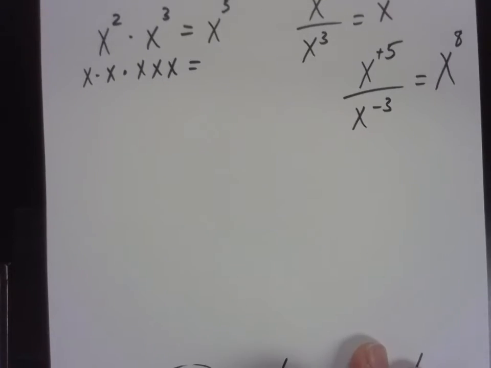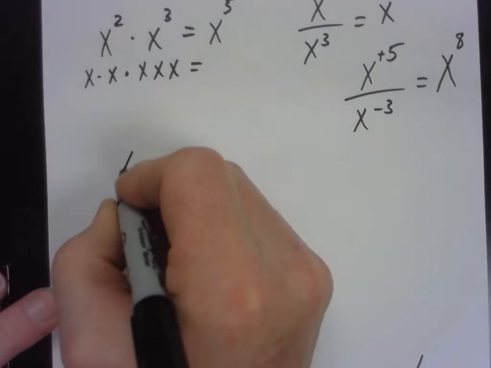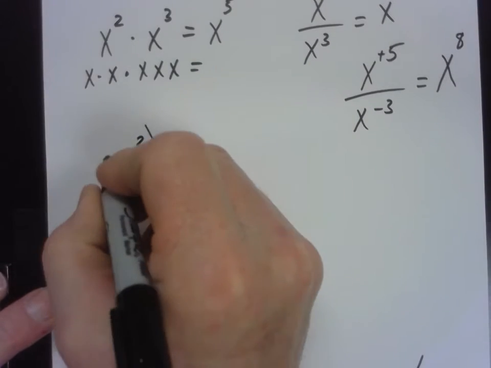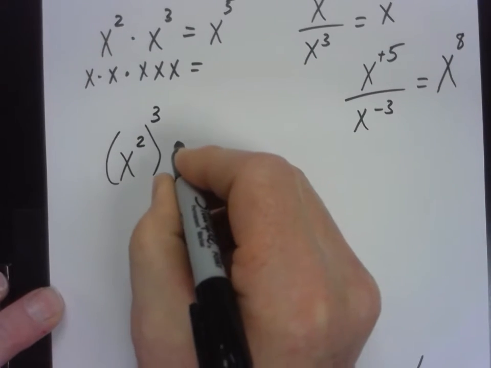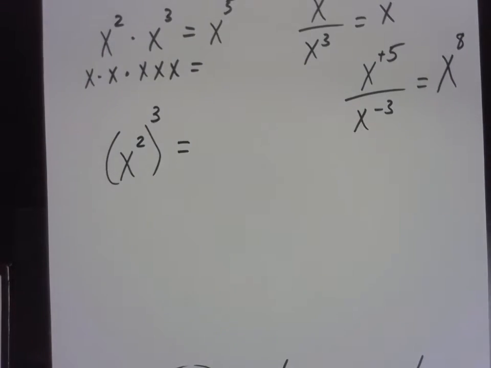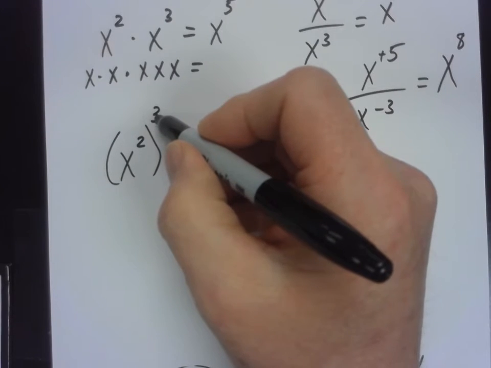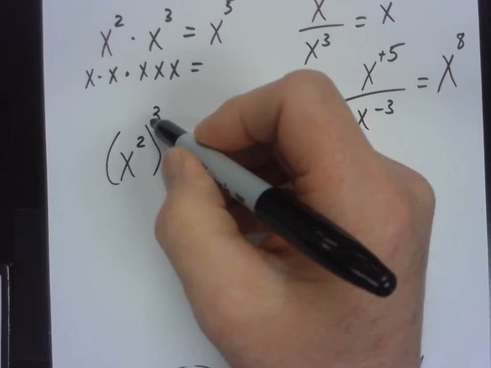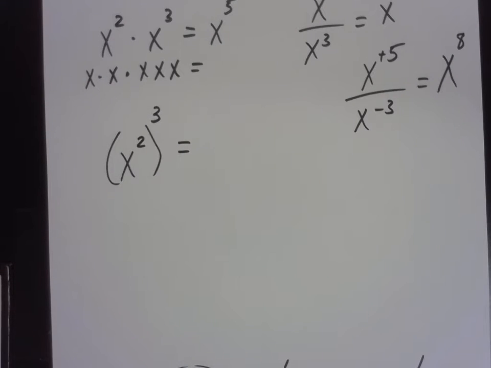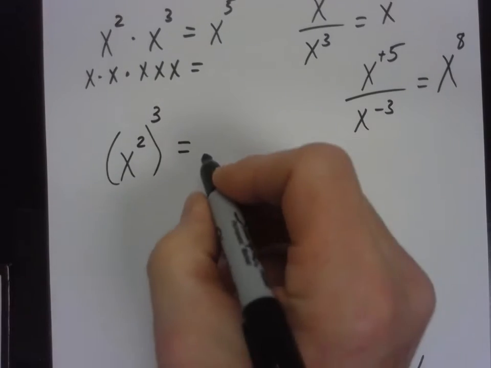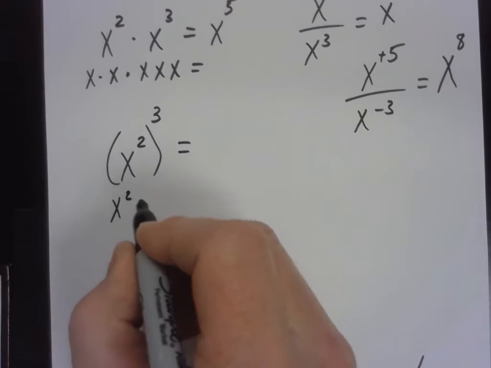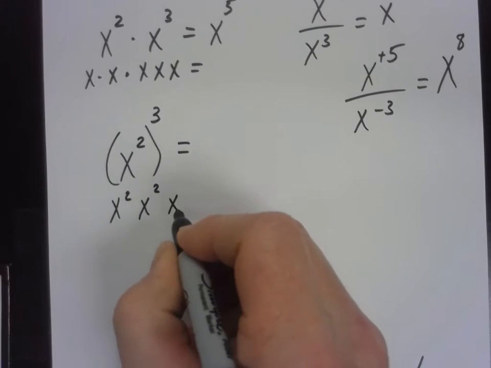Okay, and then when I'm raising something to a power, like I have x squared, and I raise it to a power. Well, you look at that, and you kind of want to go 2 to the third is 8. Okay, but remember, are exponents ever doing what you're doing? No, they're always a step behind. This literally means x squared times x squared times x squared.